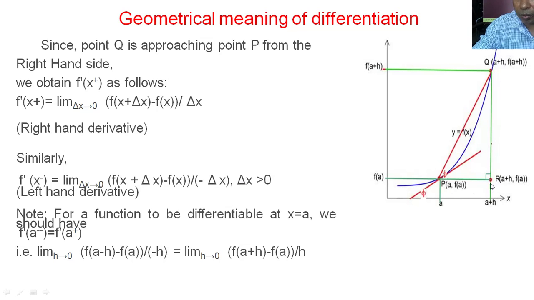Sometimes in some of the books we find that in place of delta x it is given h, and accordingly the left hand derivative and right hand derivative are defined in the form of limit h tends to 0, f of a minus h minus f a by minus h, and the right hand derivative is limit h tends to 0, f a plus h minus f a by h.